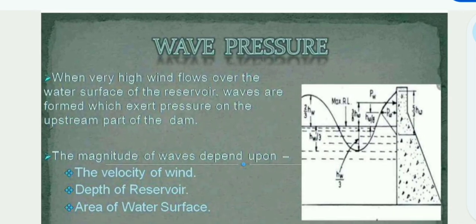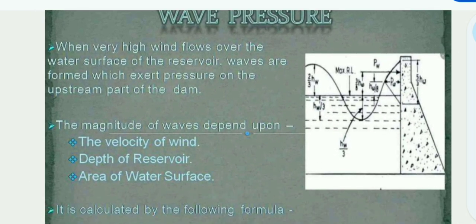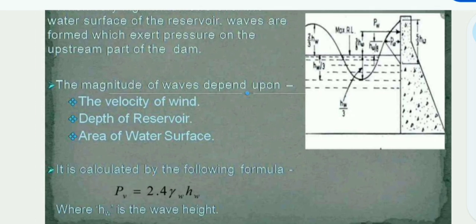Wave pressure. When very high wind flows over the water surface of the reservoir, waves are formed which exert pressure on the upstream part of the dam. The magnitude of waves depends upon the velocity of wind, depth of reservoir, and area of water surface.